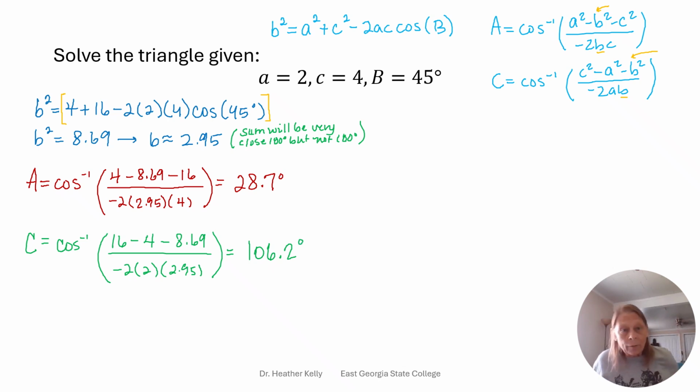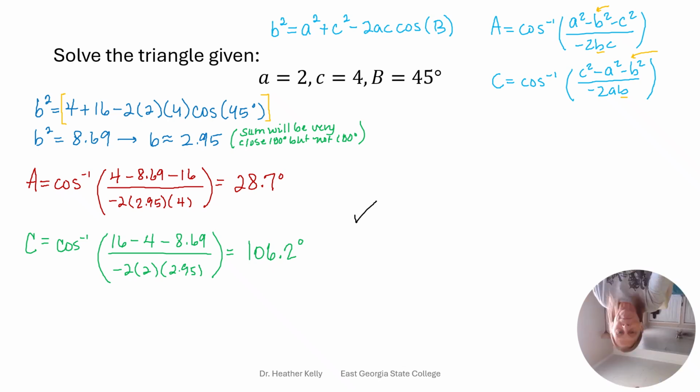Now, when you add all this up here, you get 179.9 degrees, which is very, very close to 180. And you have to assume that there was some definite rounding going on here. So these are our solutions.